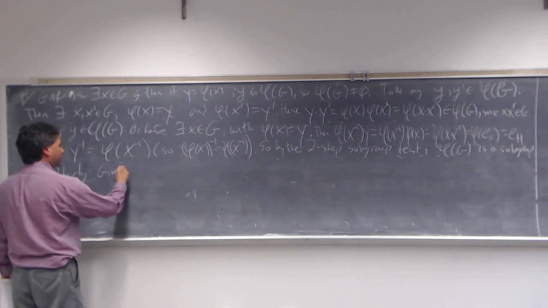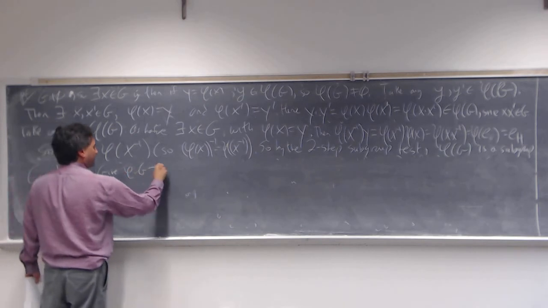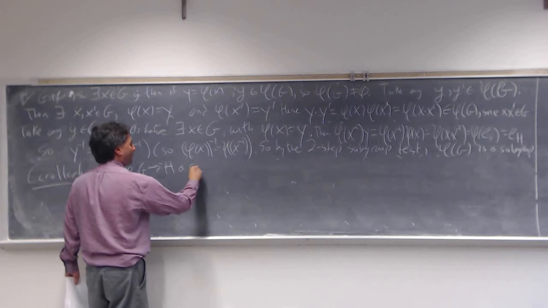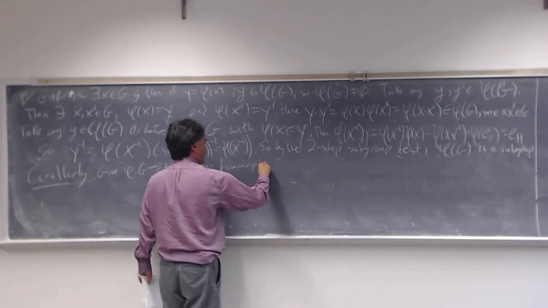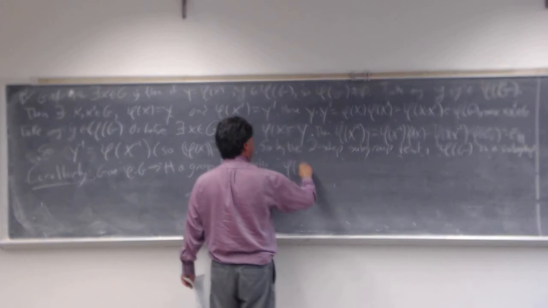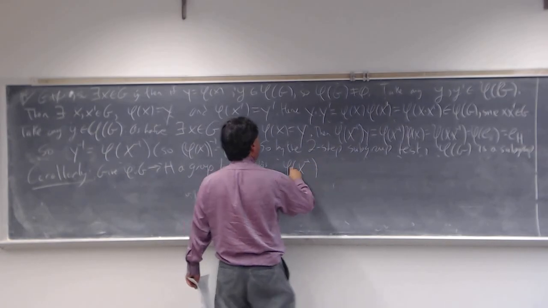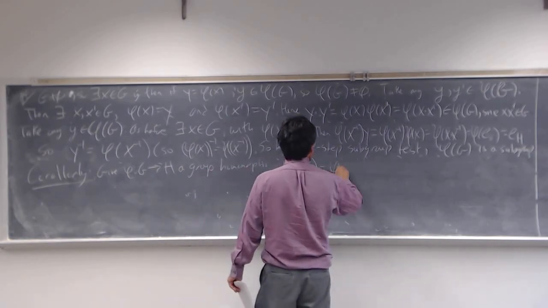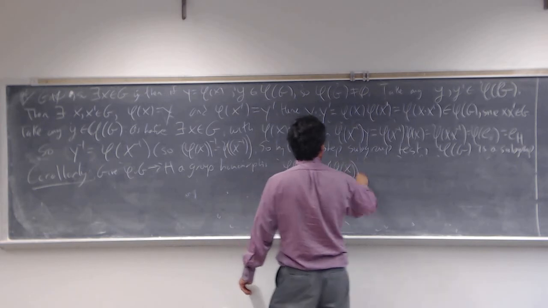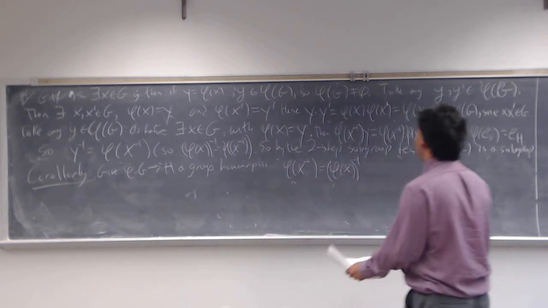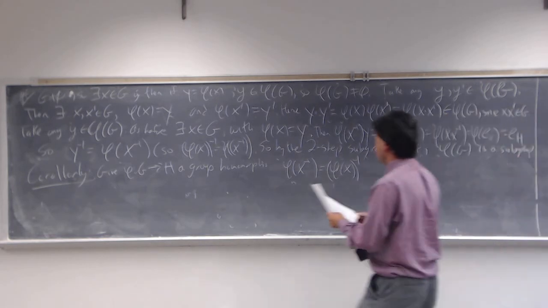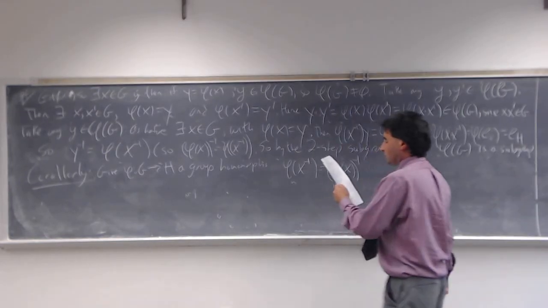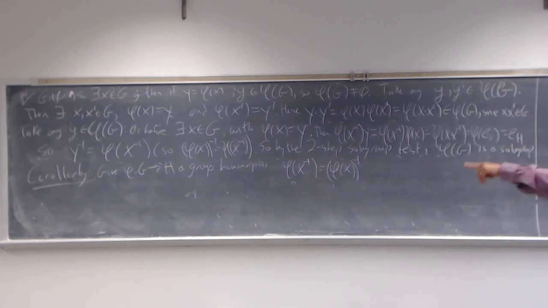That basically, given a group homomorphism, then phi of x inverse is the same as the inverse of phi of x. So we've actually proved that, right? It's right there.